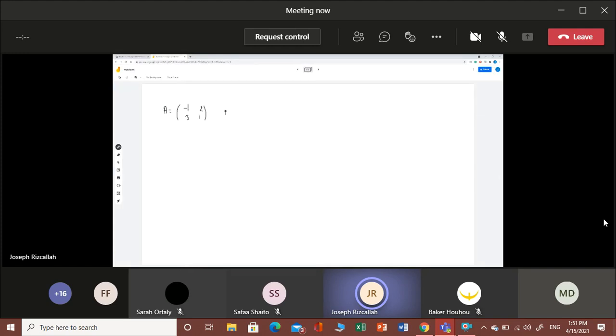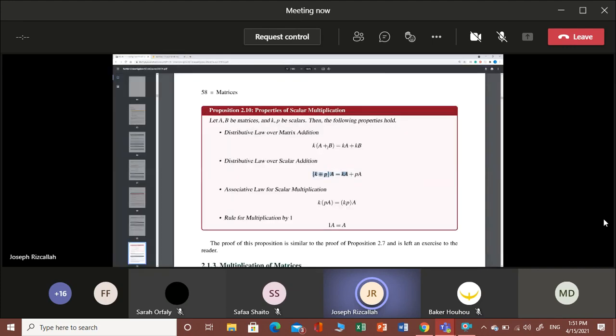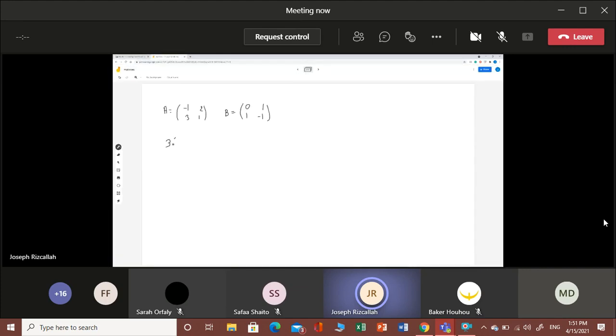And the matrix B also 2 by 2 in order to be able to add it to A. And let's say we have 0, 1, 1, and -1. Okay. And suppose, according to this, I want to multiply now the sum of A and B by a number. Let's say I want to find 3 times (A plus B). Okay. So what I can do is first find A plus B, and then multiply the result by 3.